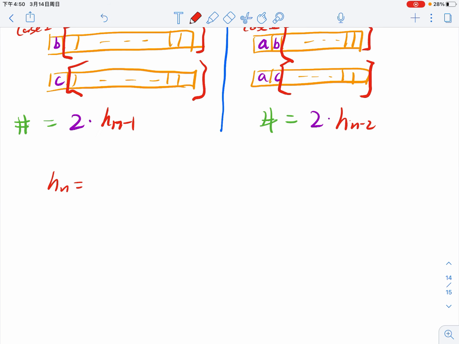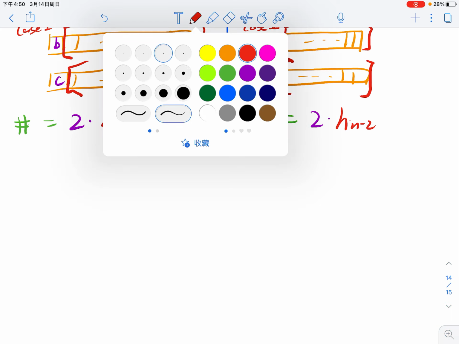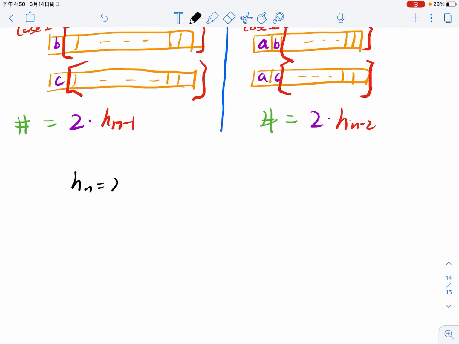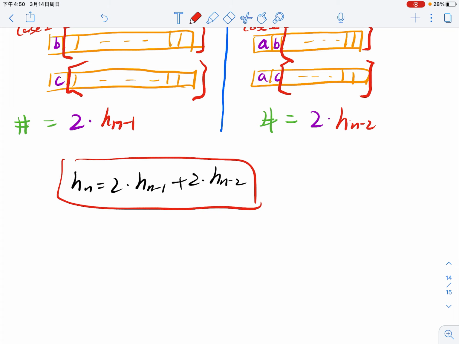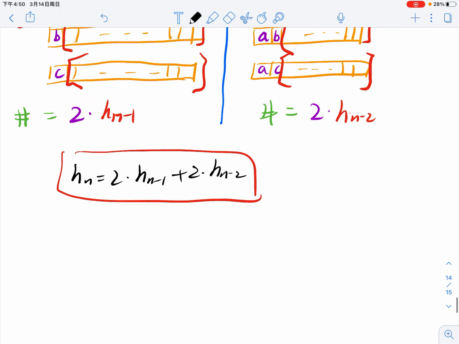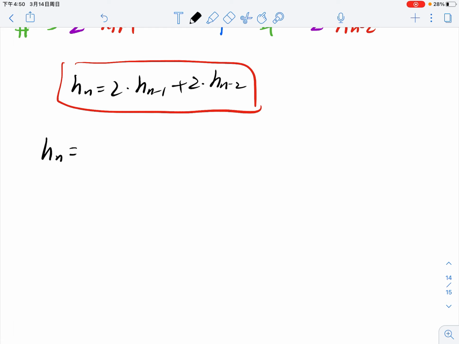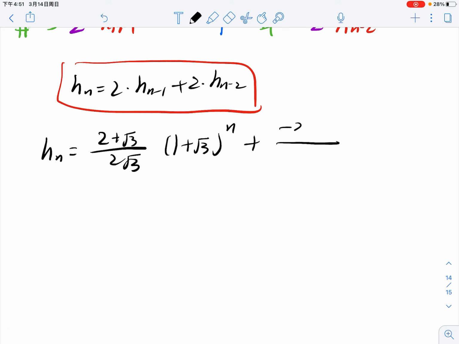Therefore the recurrence relation will be this one: Hn is 2 times H(n-1) plus 2 times H(n-2). And to carry out the previous procedure, we can conclude the following complicated formula. Anyhow, it is at least a closed formula.